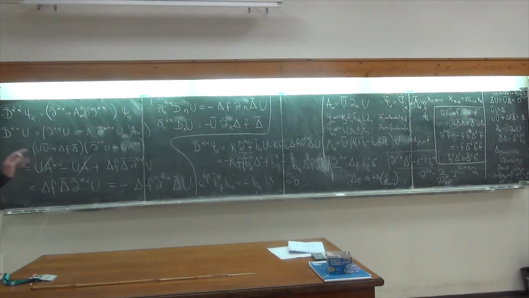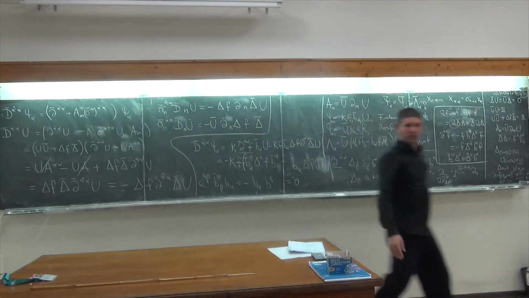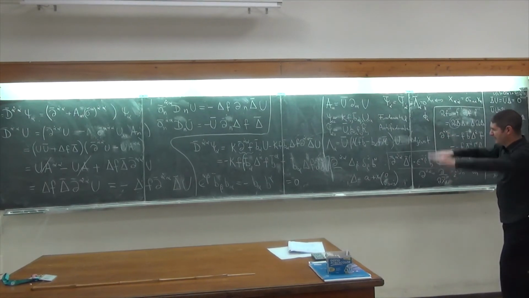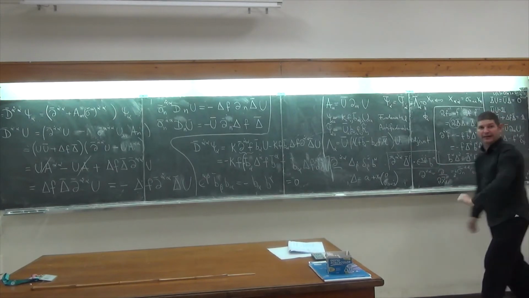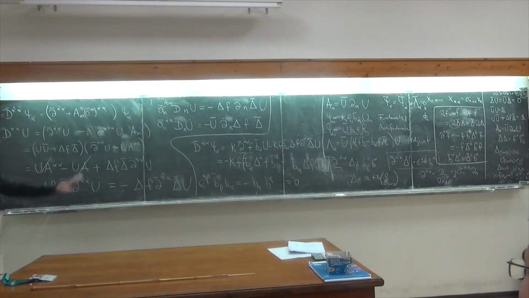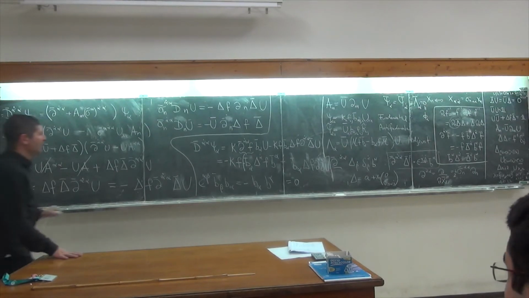Try to do it. If you have problems, we can try to do it together in the next session. It's very simple. You just should keep track of these things. Every time you raise and lower an index, you should do it with the epsilon. So the structure is the same, and then you get this.